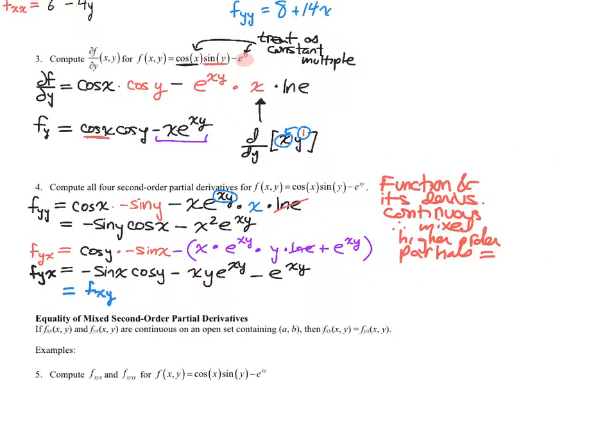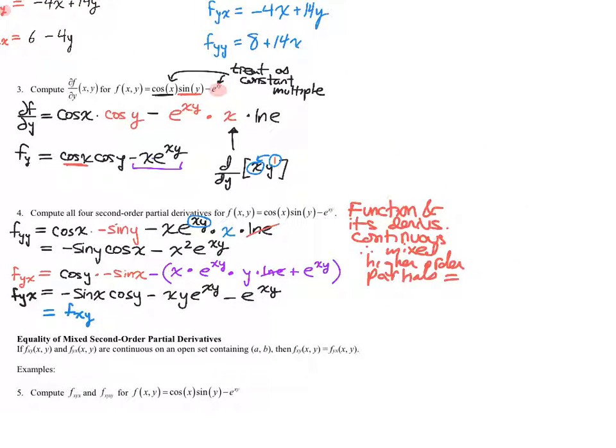Now, how do you assess continuity? Well, we spent time talking about that, but basically in a nutshell, it's the idea that it's not going to be undefined or imaginary for any x value, or y value. So if I had an ln in here, all bets are off, because ln is not continuous for all values of x.